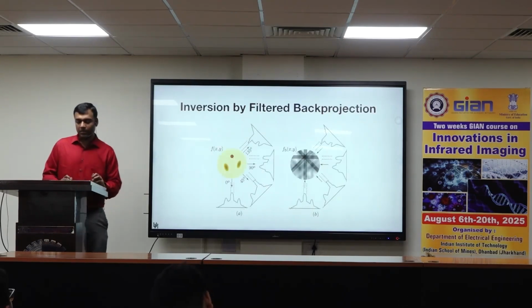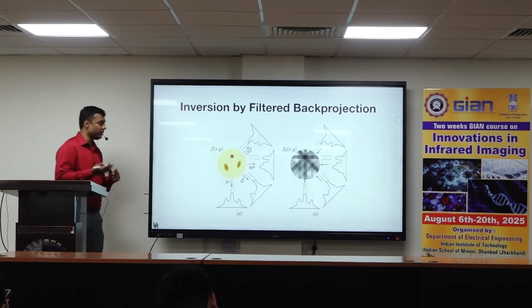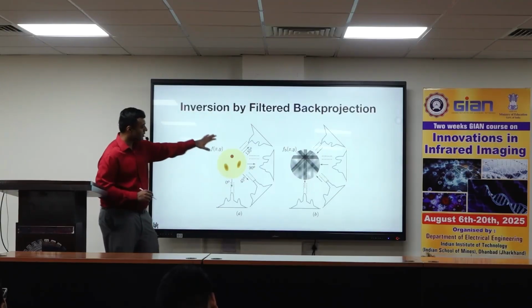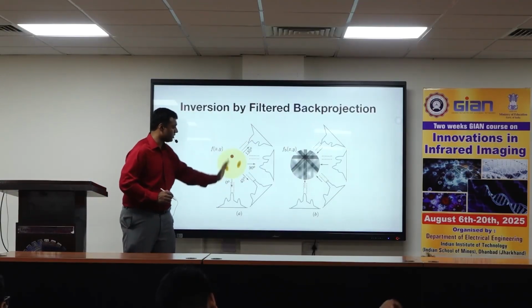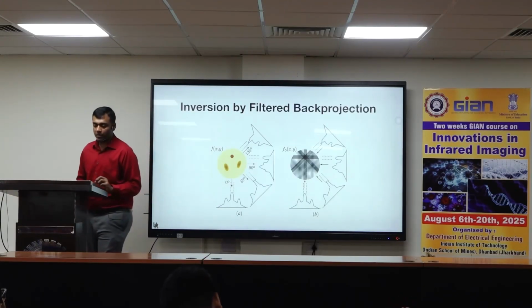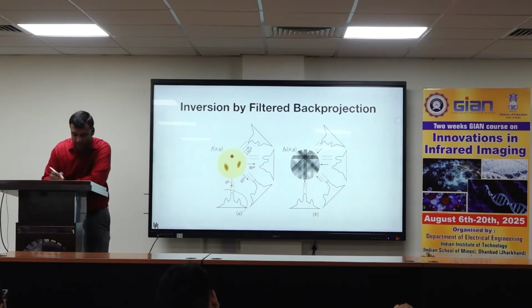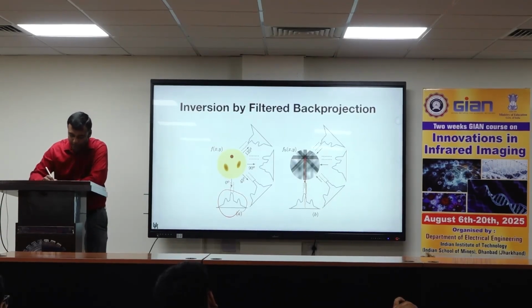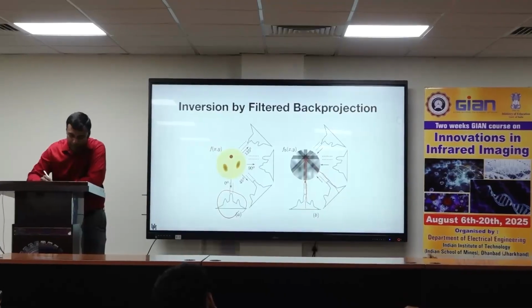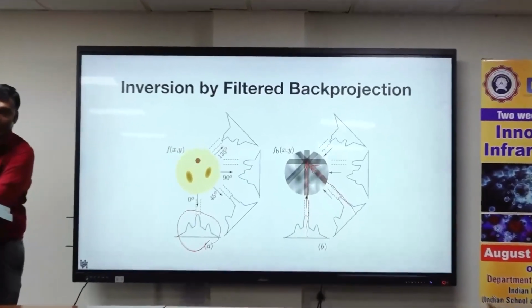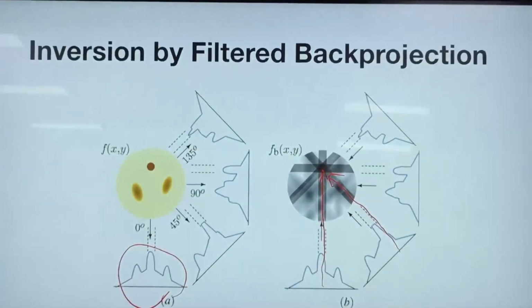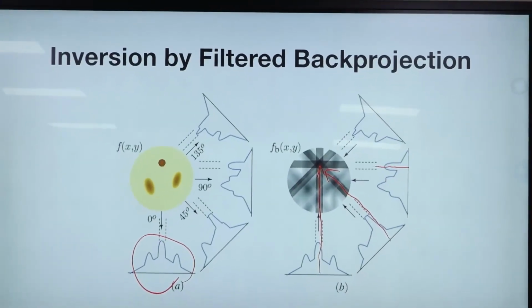To give you a good feel for it graphically, this is what we saw previously, the different projections. What we are doing in the back projection is taking this data, figuring out where this comes from, and back projecting it, putting it backward through calculations.